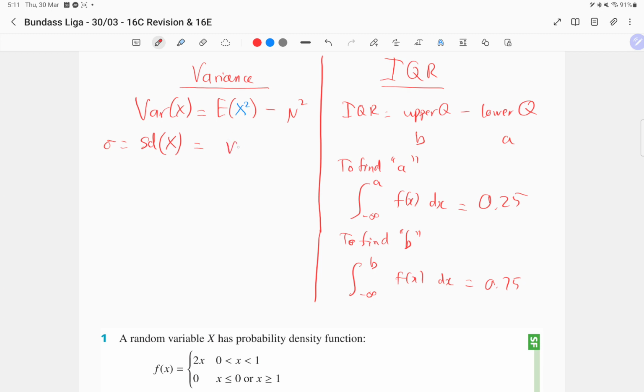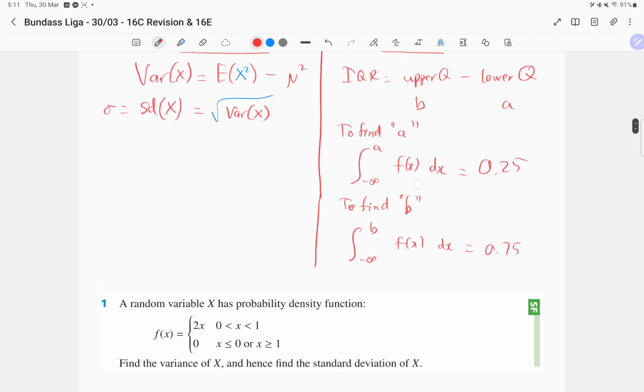You square root variance. Okay, so variance is just the square of standard deviation. So that's the definition of variance. So for standard deviation, you just need to square root variance. That's it.